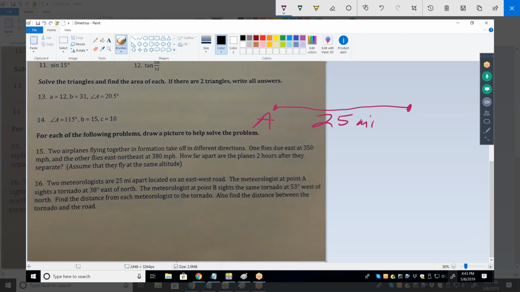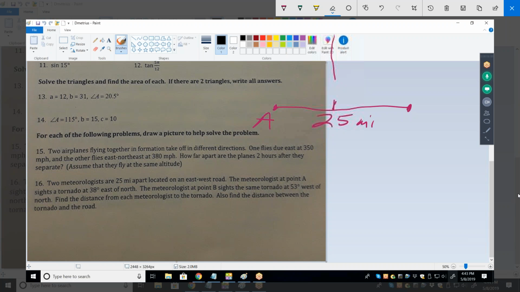Meteorologist at point A cites a tornado 38 degrees east of north. Well, if I put a north-south line there, 38 degrees means that angle.